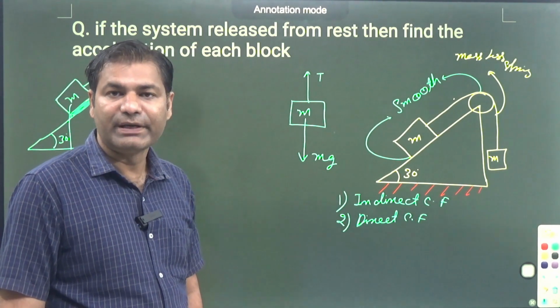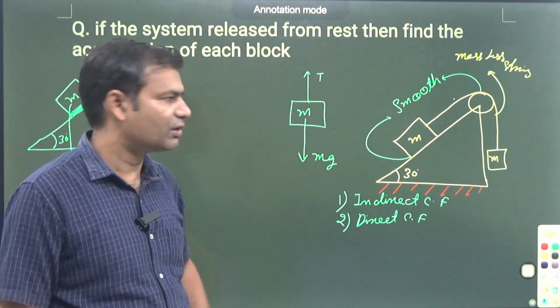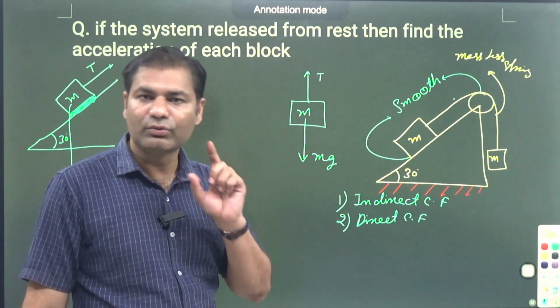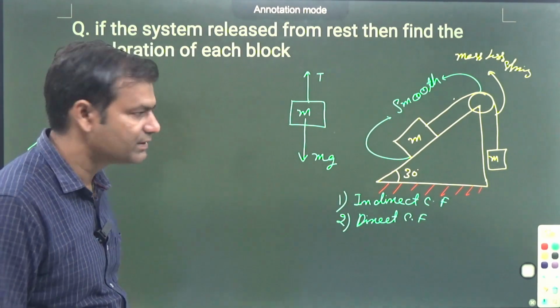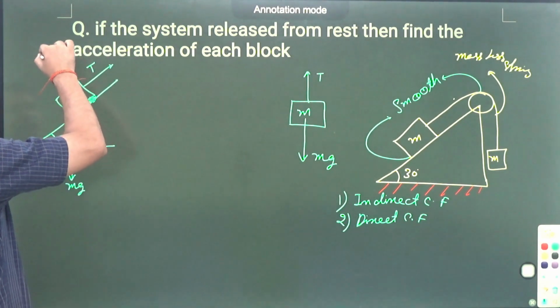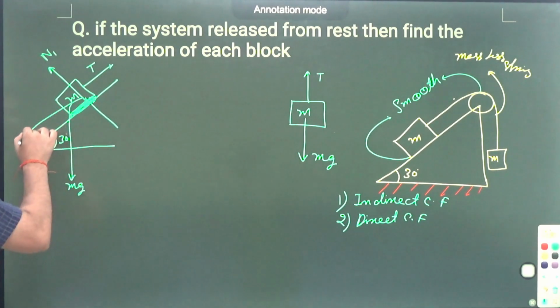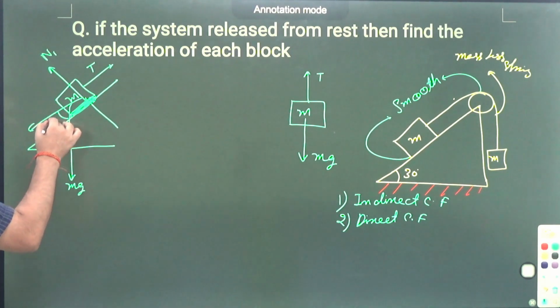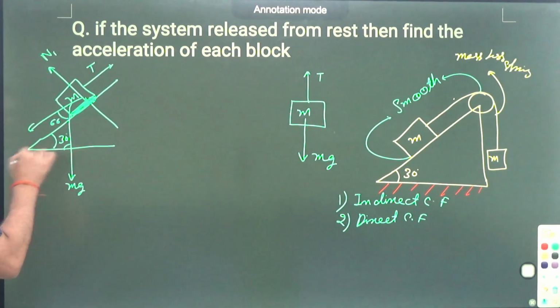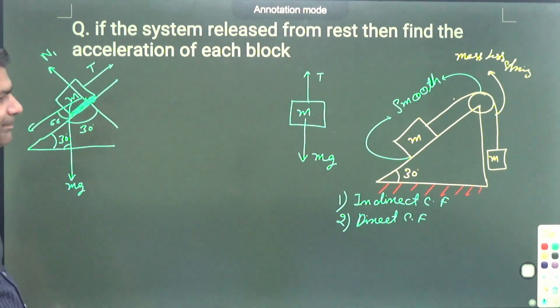Normal force is always perpendicular to the surface. For a smooth surface, in which direction? Here, that is N1. Clear or not? If this one is 30 degrees, you can say that one is 60 degrees. Why? Because this one is 90, so this one is also 30 degrees.